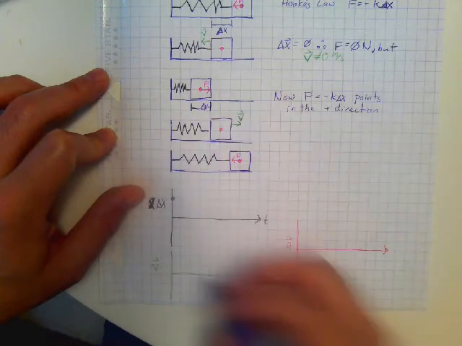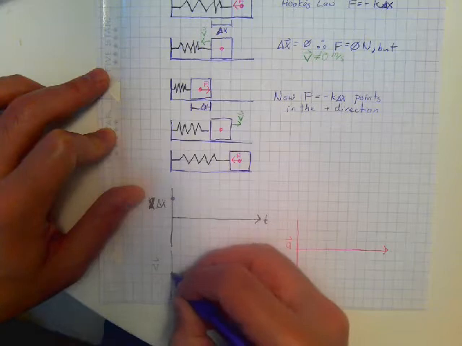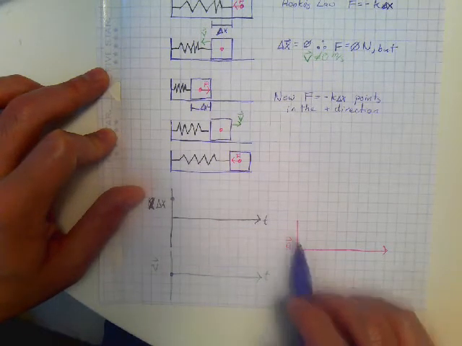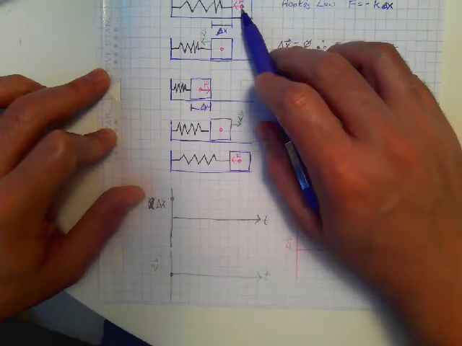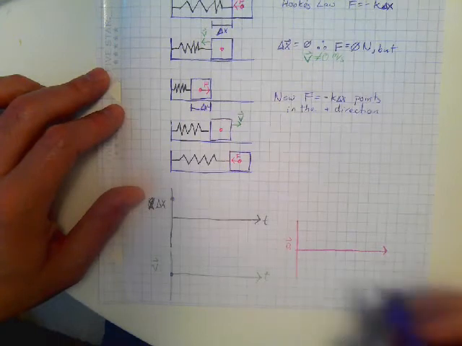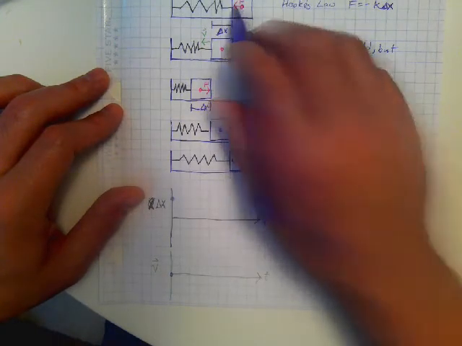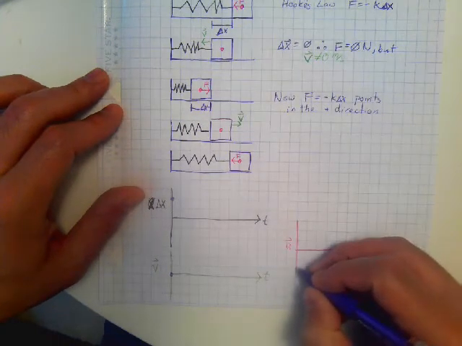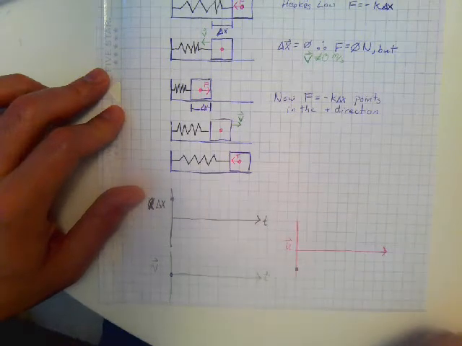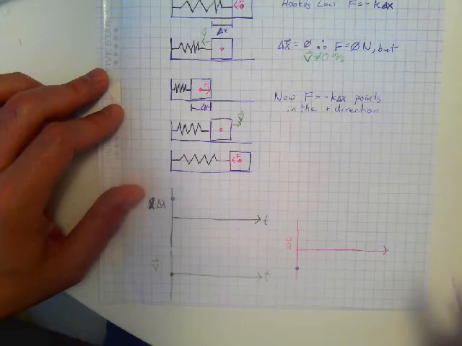Then we've got 0 velocity, and we've got an acceleration. So force and acceleration are always in the same direction. It's just the magnitudes changed, right? So this is a force pointing in the negative direction, so we would have a negative acceleration. I'm not really worried about the amplitudes, I just want to show you the shape of this graph.